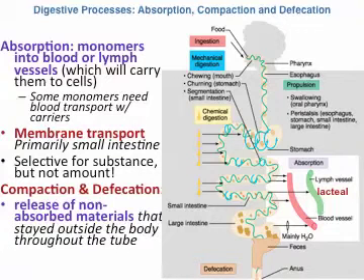Compaction and defecation, then, that's when, if you were foodstuff and you were ingested, but you didn't get absorbed out of the tube and into the capillaries or the lacteals, then you stayed in the tube, you made it to the level of the large intestine, and you get compacted there, and then ultimately defecation ensues.